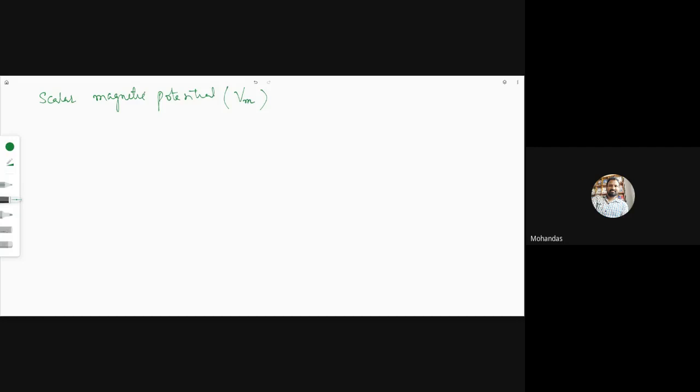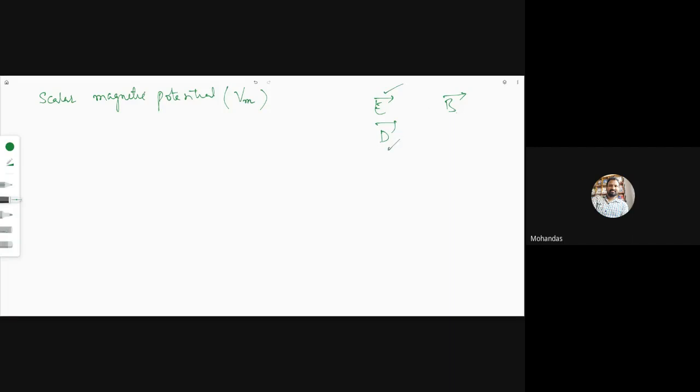As I already said, the electric field as well as the magnetic field are analogous quantities. Electric field E and magnetic field B are both analogous quantities. In the electric field, E and D are there. E is electric field intensity and D is electric flux density.